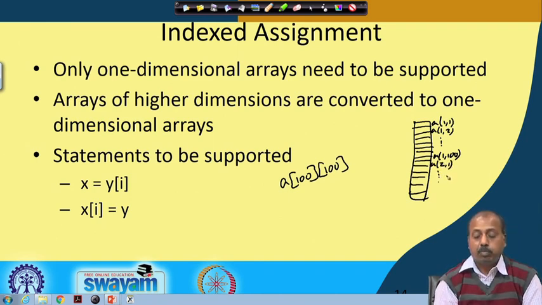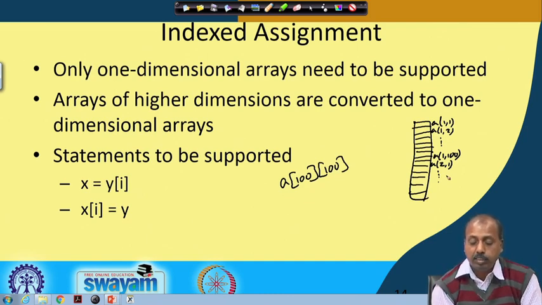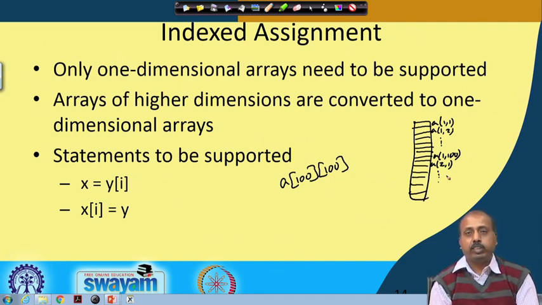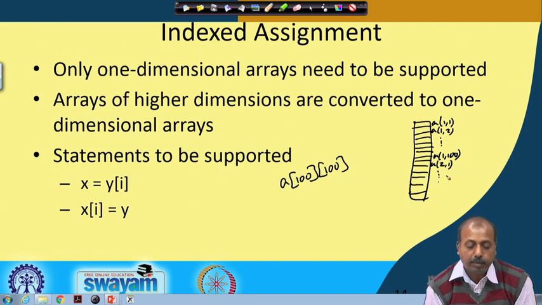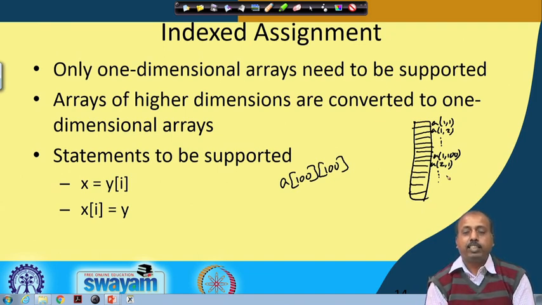I do not need to really have a 2D representation, because the target code will be accessing memory only in a one dimensional fashion. Even if my target machine supports array access, there is no point having multi-dimensional arrays in the target code.